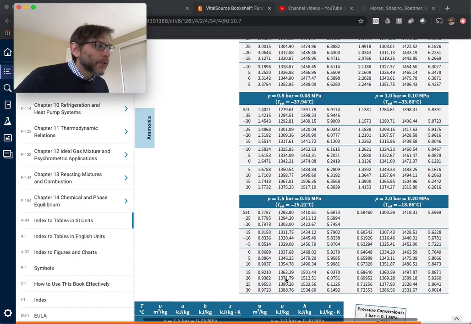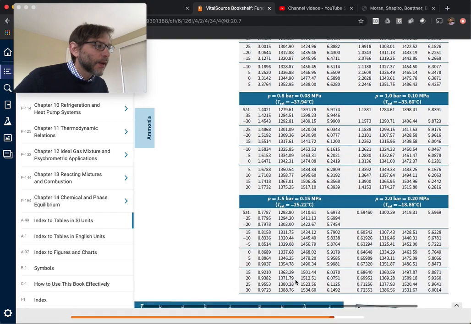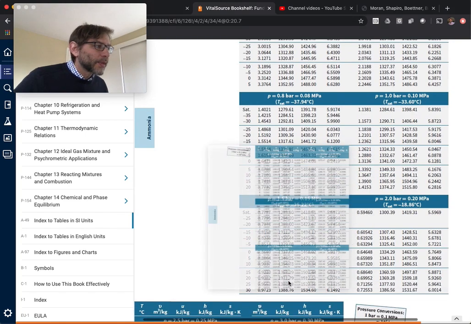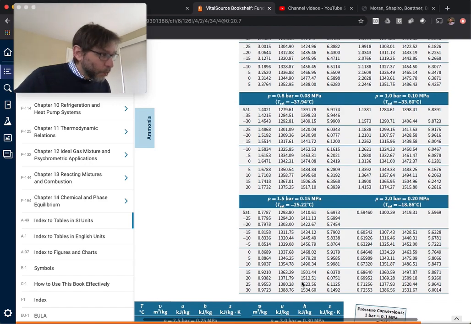We can't highlight them. U1 is 1371.79 kilojoules per kilogram, and H1 is equal to 1512.51 kilojoules per kilogram.